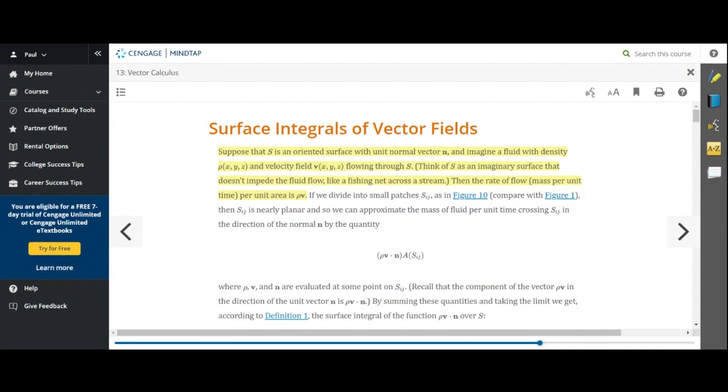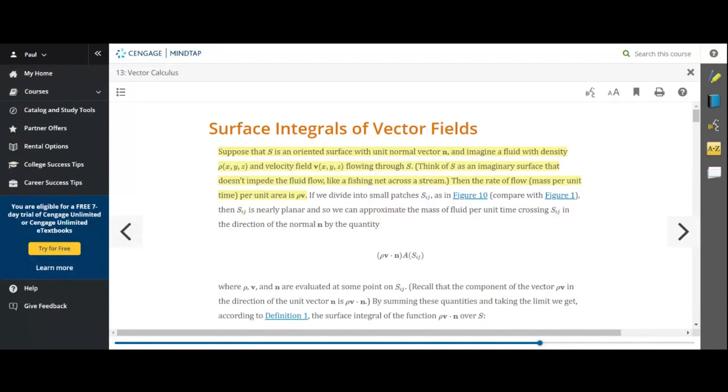Think of the surface as like a net, and there's fluid flowing through the net. The rate of flow per unit area is going to be equal to the density times the velocity. That's the rate of flow of mass per unit time.